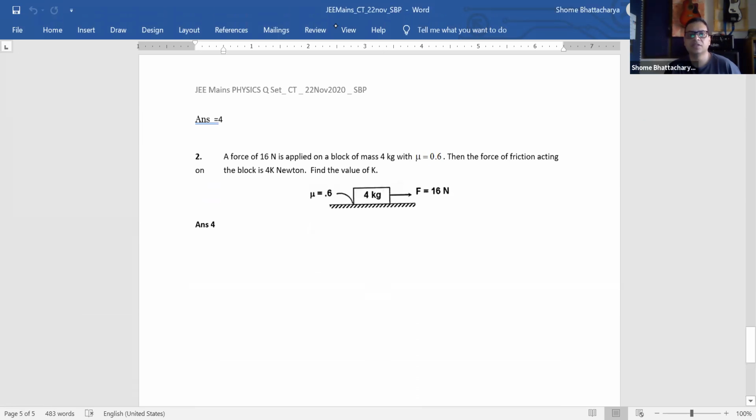Okay. Second question I think is very easy. So I doubt anybody will have a doubt in that. Okay. So let us move on to the advanced paper now. Just give me a minute. I'll share that.